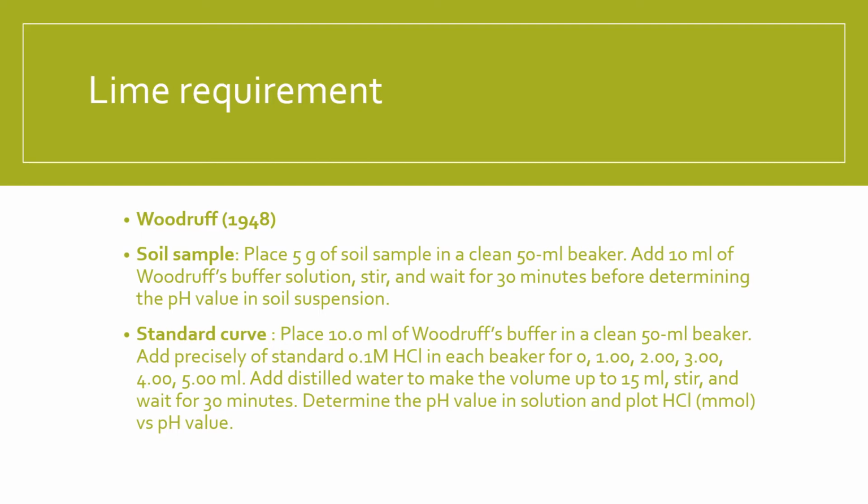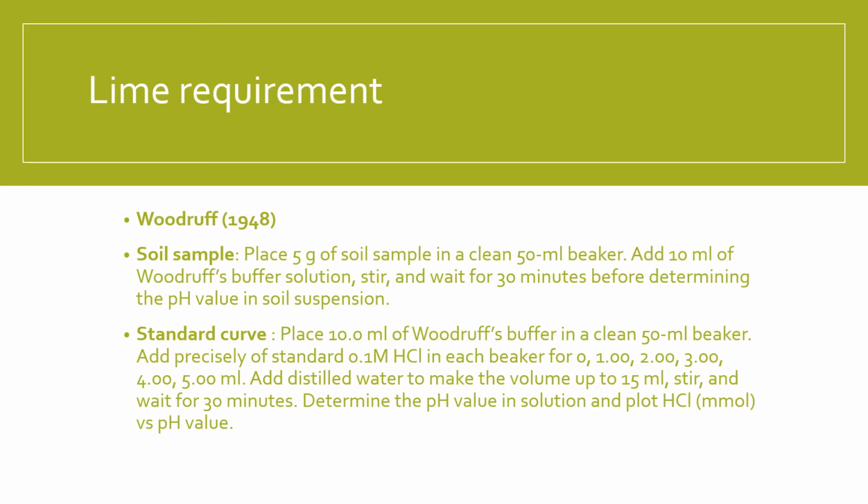The method we use to find the amount of lime is called the Woodruff buffer. This buffer pH is 7, which is neutral. We will add this buffer into the acid soil and determine the pH after adding it. The decrease in pH can be interpreted as the amount of hydrogen ion in the soil solution.